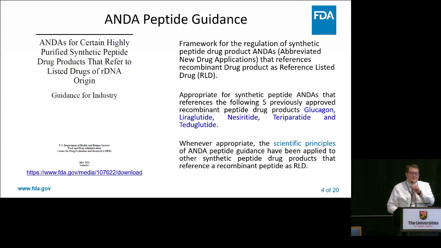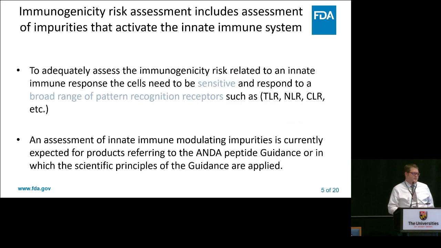This slide has also come up several times today. This is one of our most favorite guidances, and it is the framework behind most of the principles we're going to talk about. It has been pointed out that even though it specifically references the peptides, these scientific principles have been applied when appropriate. So immunogenicity risk assessments include an assessment of the impurities that activate the innate immune response.